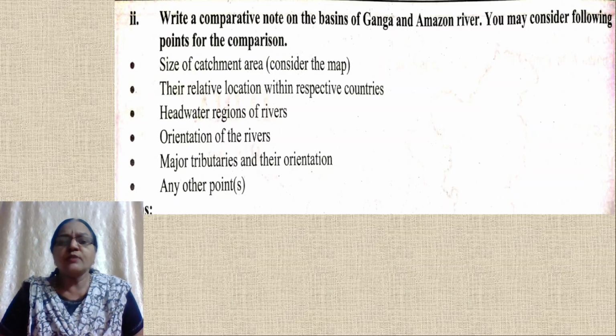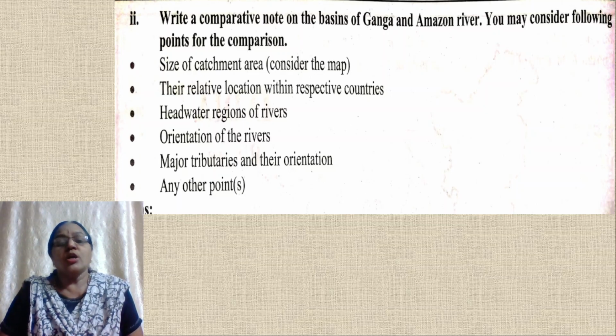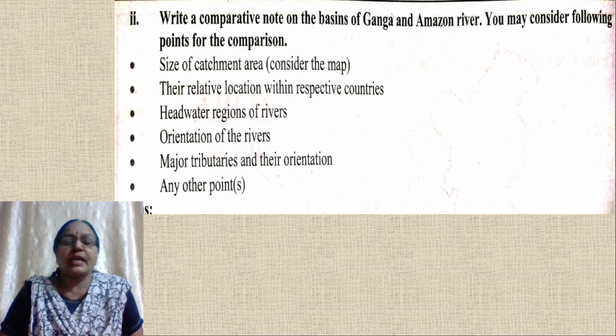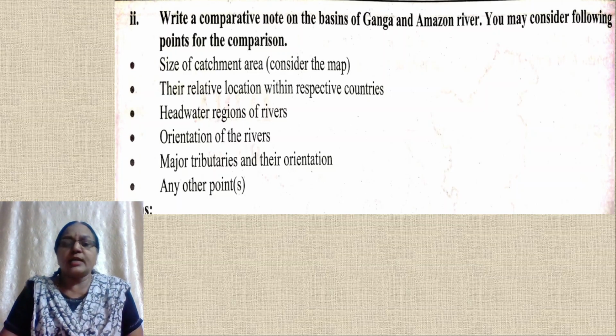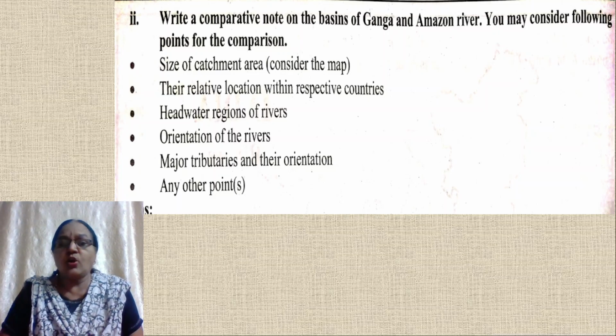You may consider the following points for the comparison. When we are making a comparative note on the basins of Ganga and Amazon, we'll have to consider the size of the catchment area, that is the area drained by a single river system, and their location within the countries, that is whether they are in India or Brazil.